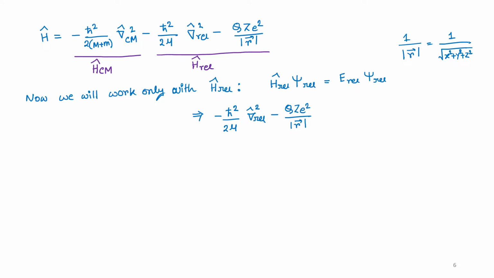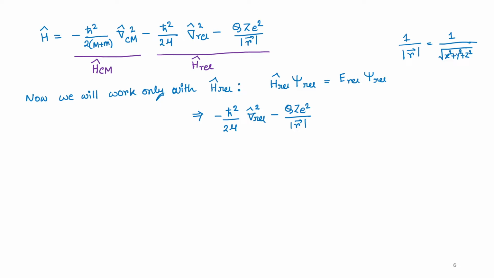So for separation of variables, as we have done just before this, we need to take the overall wave function as a product of two, and the Hamiltonian as a sum of two of the variables.